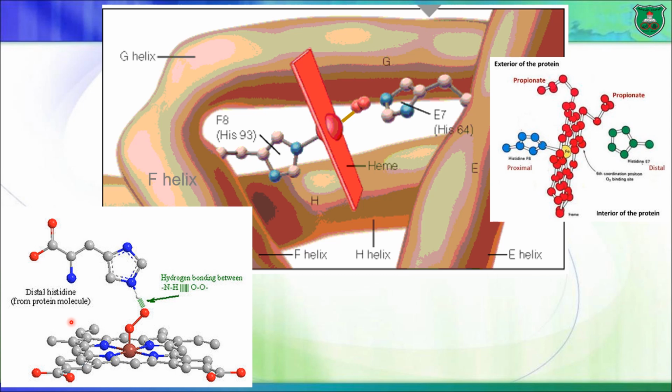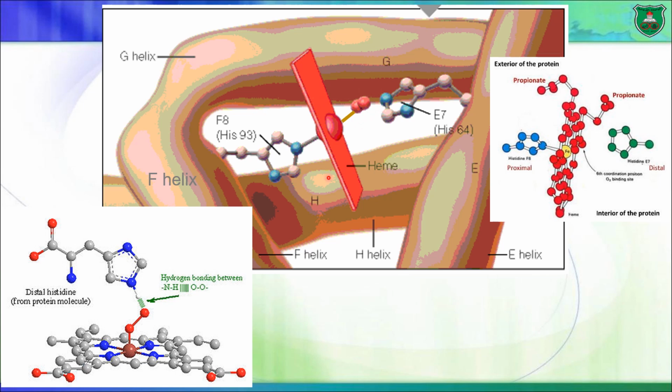Now, something about the distal histidine is that it lies, as I said, on the other side of the heme molecule, on the other side of the proximal histidine, and it overlooks the position where oxygen binds.